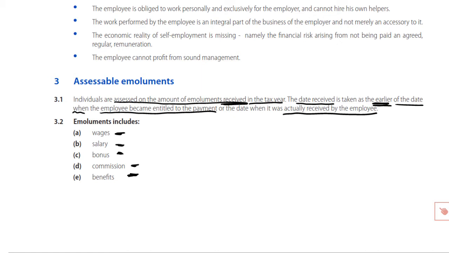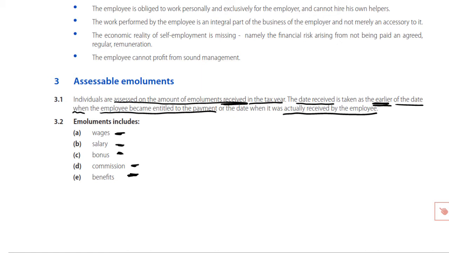Very obviously, for HMRC purposes, they don't want you to delay the date when you actually received the payment, relative to when you became entitled to it, in order to cross a tax year. So if I became entitled to a bonus or commission in March 2017, but I didn't actually receive it until, let's say, the 10th of April 2017, then there's an issue, and hence the rule.